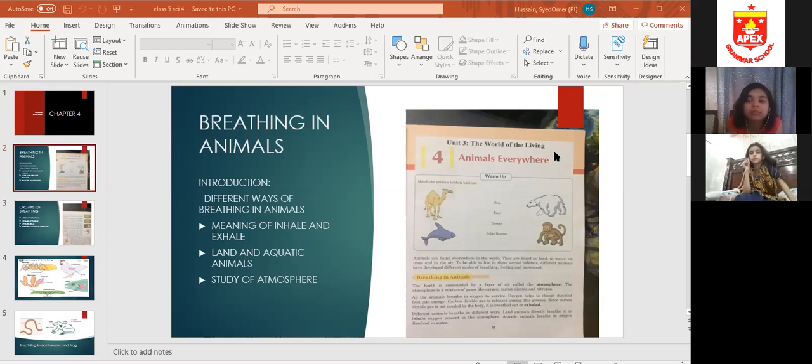And aquatic animals, animals which are living in water, whether it is sea water, river water, or any water, breathe in oxygen dissolved in water. So this is the difference between land and aquatic animals.